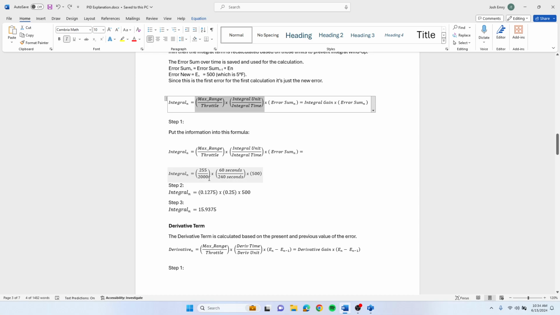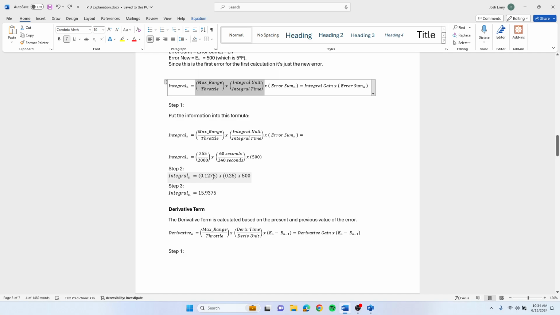And our integral is 255 divided by 2,000 times 60 divided by 240 seconds times 500. So our integral is 0.1275 times 0.25 times 500. So our integral term is going to drive that controller 15.9375.